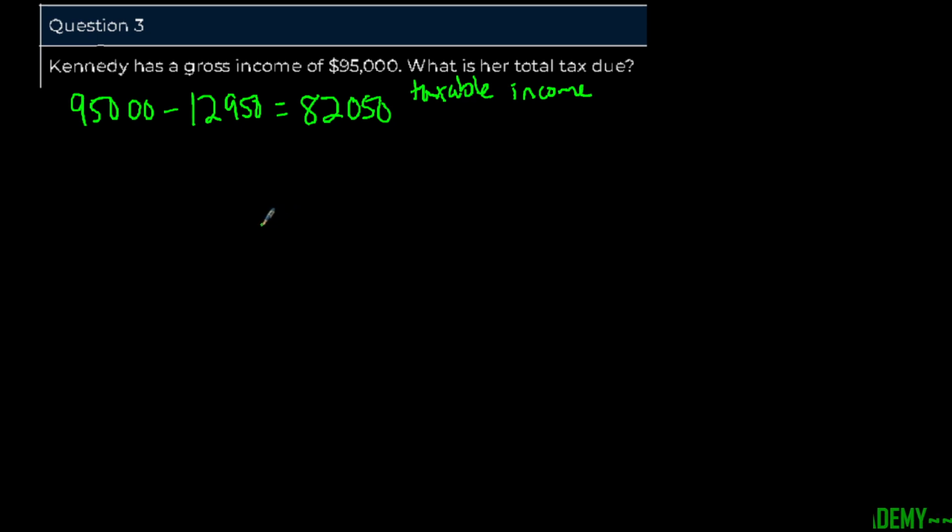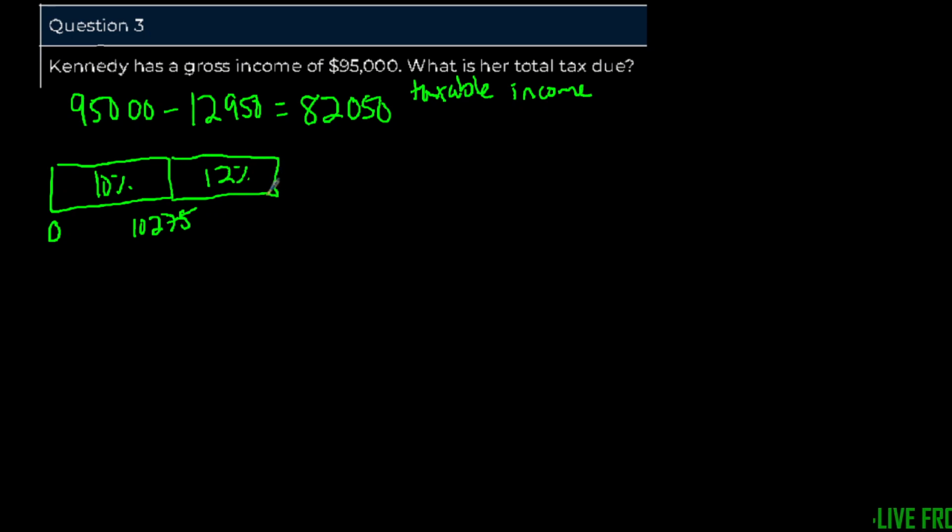So now I can say, let's say the different parts here. So I'm going to say for 10%, again, same setup. We're going to say from 0 to 10,275. Then we go 12% is going to be the next part.